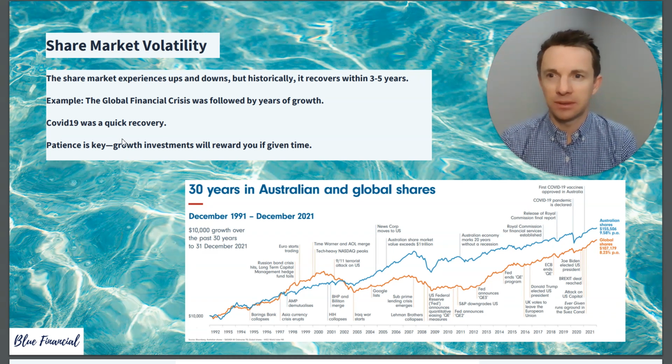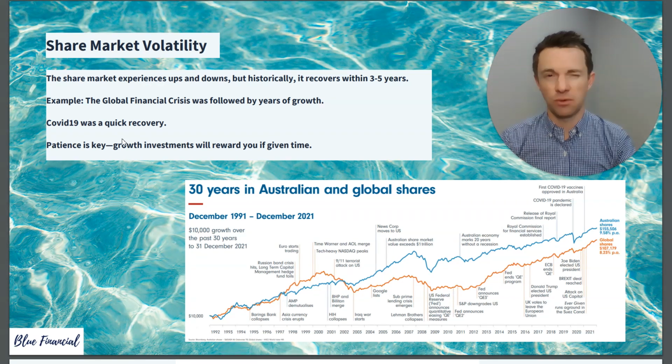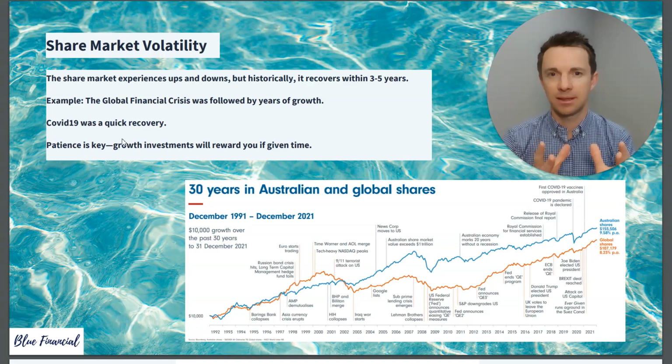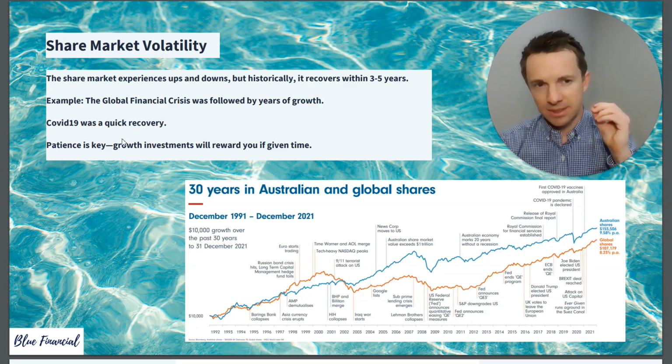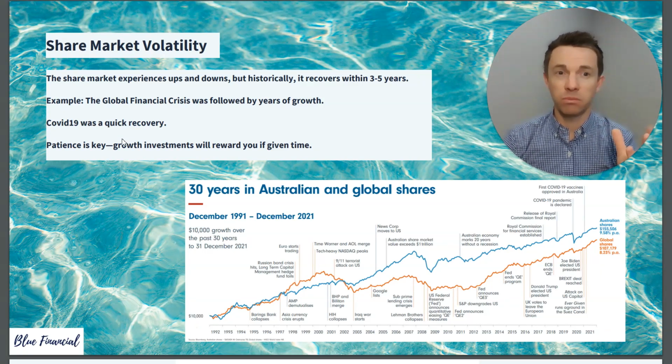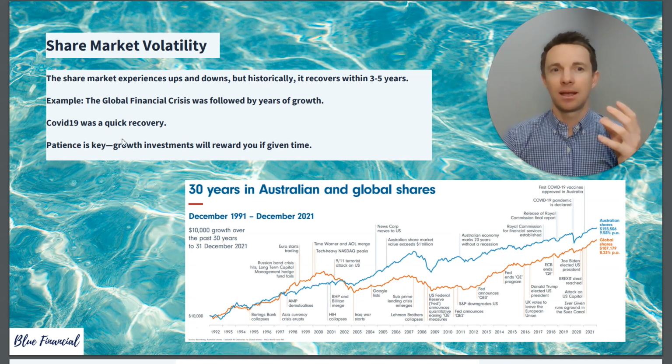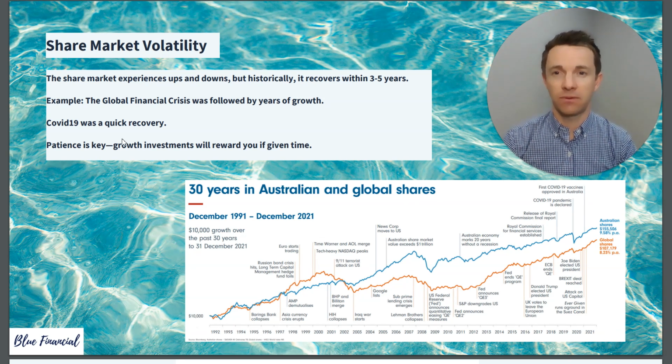Share market volatility: the share market experiences ups and downs more than any of the other assets. But when there is a market drop or a crash, to use that term, which I don't like to use, it generally recovers on average after a decent drop in 3 to 5 years.